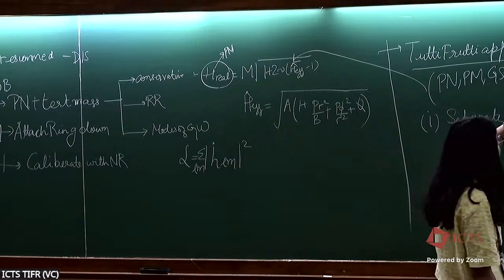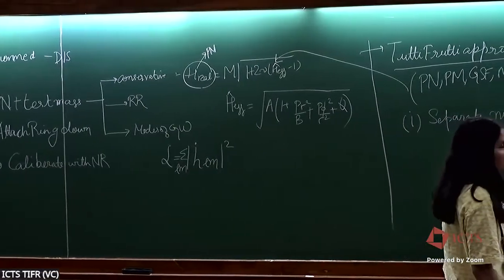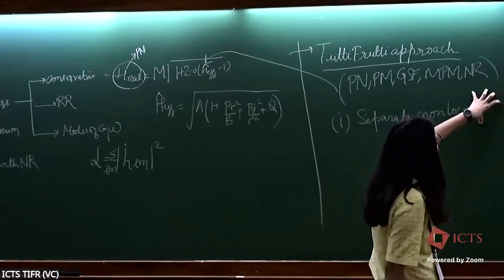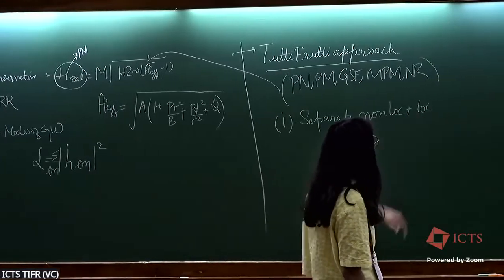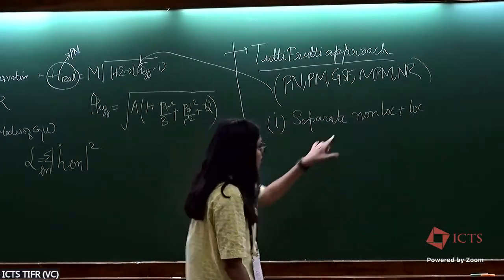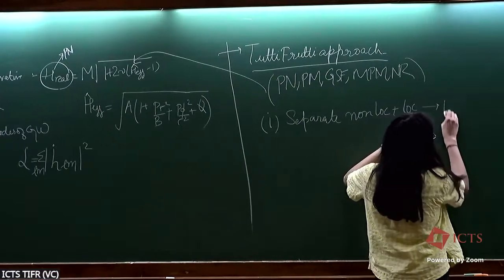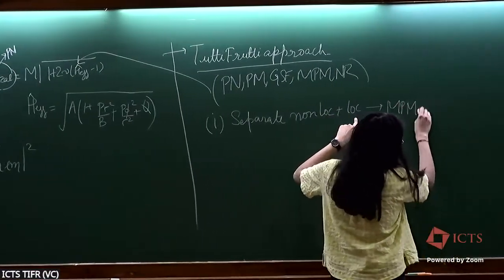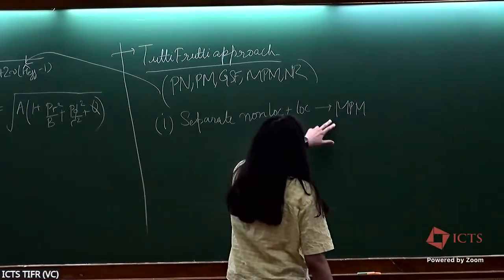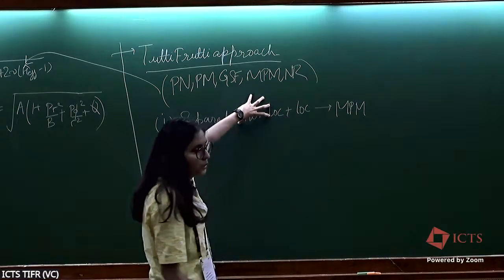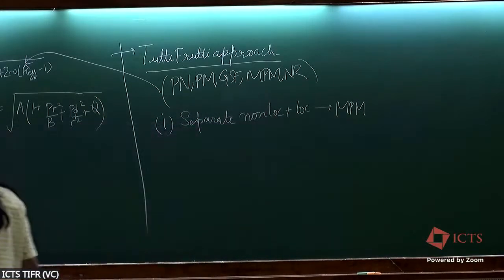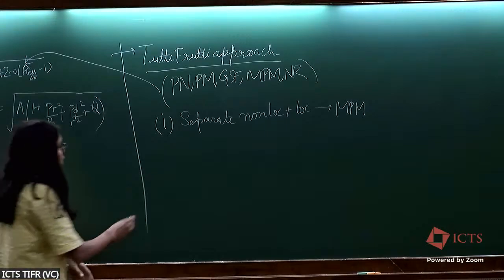So you want to separate out the tail effects from the instantaneous effects, which act at the same instant, and hence are local. This we could do using MPM. So basically, we can obtain this non-local piece for free, even though we don't have higher PN order results from the post-Newtonian formalism.